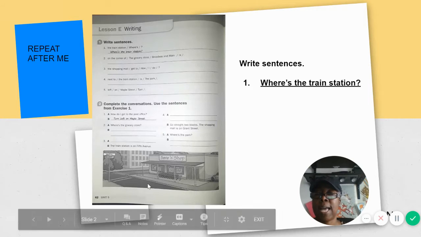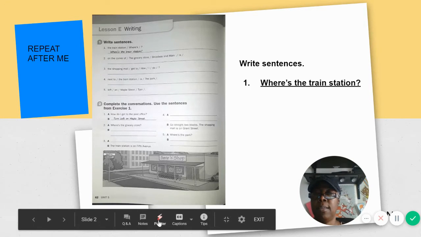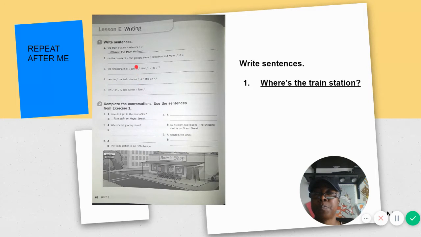So when we look at this page 62, there's a lot of writing that we're going to be doing. Number one, we're going to write sentences. Number two, we're going to complete the conversations using these sentences, okay, that we already worked on.